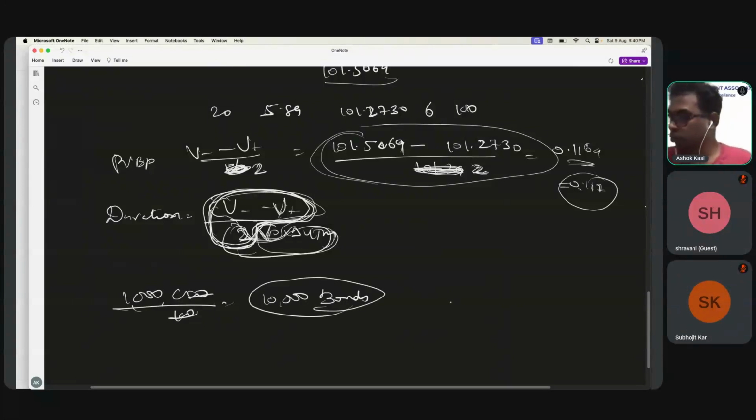For one bond there will be a change of 0.117 times 10,000, so 1170. This will be the change in bond price.